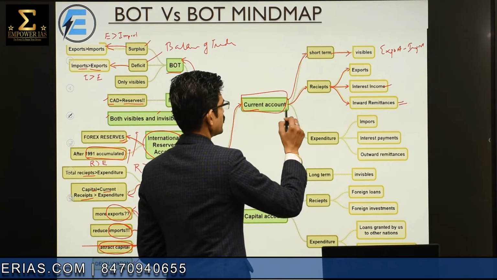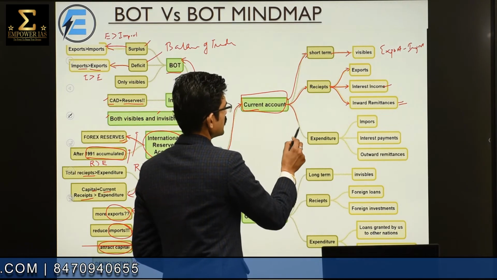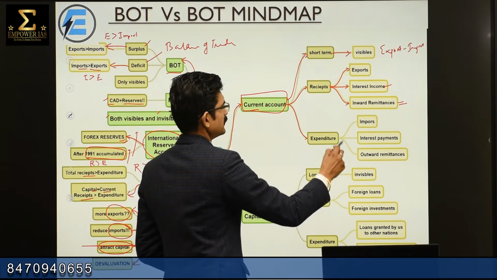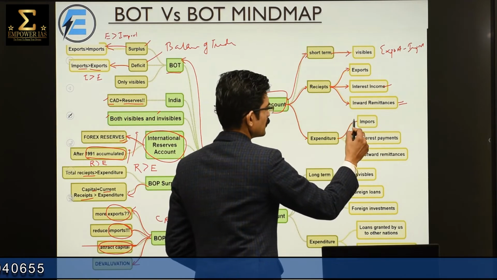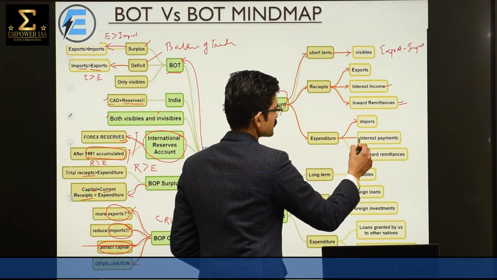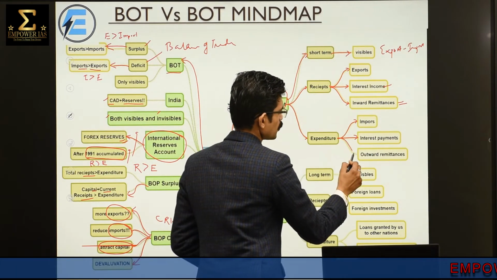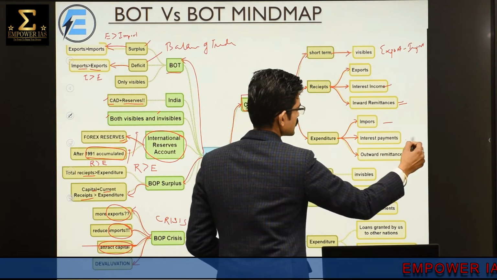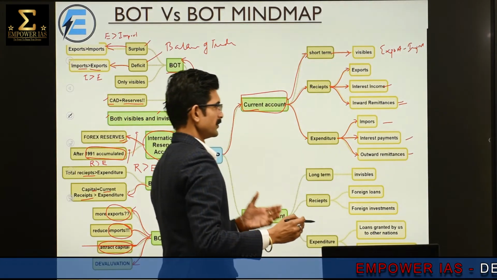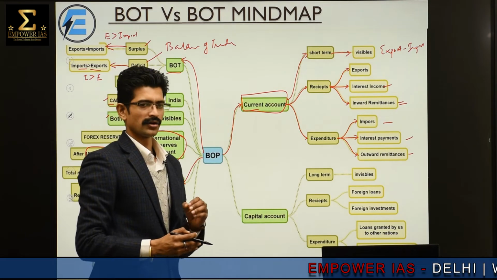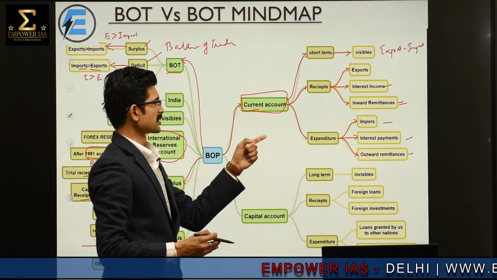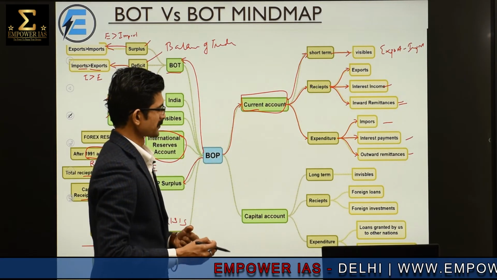That leads to current account. Then there is expenditure, which leads to imports, interest payment and outward remittances. This again shows the good health of balance of payment surplus due to current account surplus.